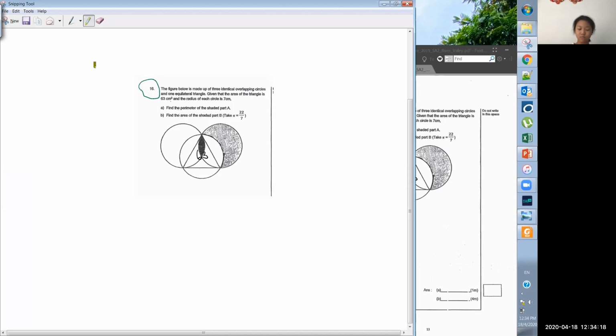For the area, like I say, you need to do this. Okay? This is the area, right? So what do you do? They give you what? The triangle is what? 63, right? Yeah.